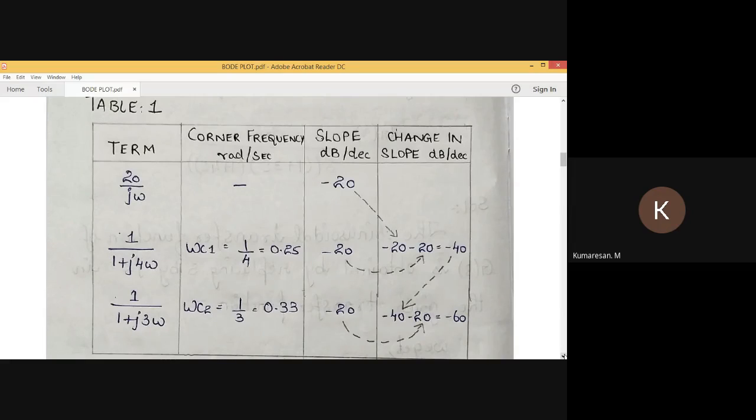So from this table, we can easily find the slope and the change in slope in decibels per decade. This is the first step.